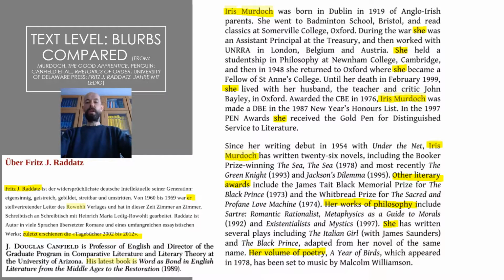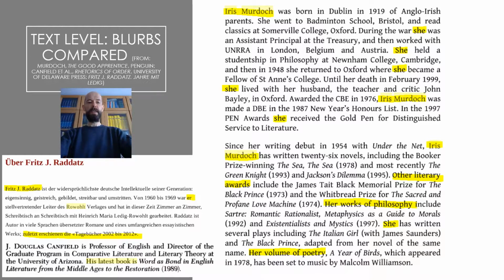She held a studentship where she became a fellow of St Anne's College until her death in February 1999. She lived with her husband. Iris Murdoch was made a DBE, and she received the gold pen. So Iris Murdoch is thematized, we might say, consistently in this little blurb.